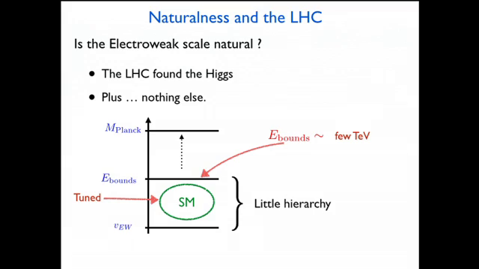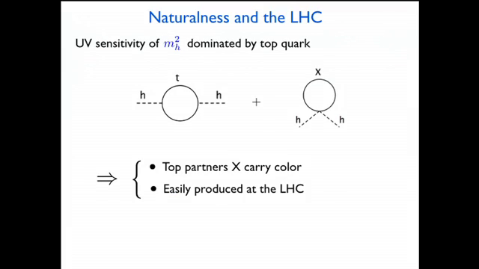And so this is what we call the little hierarchy. This is already established experimentally as a problem. We haven't seen anything beyond the standard model. And so there is an extent to which the standard model is already experimentally determined to be a tuned theory to some degree. Okay?